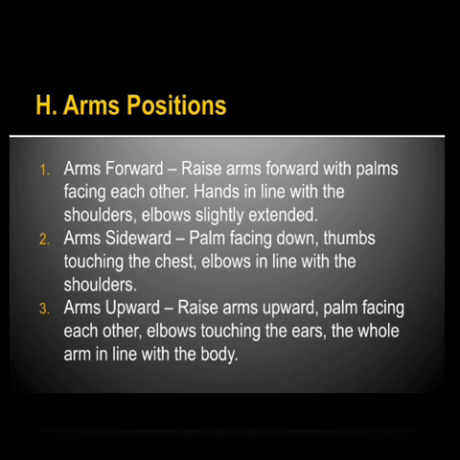Palms facing down, elbows in line with the shoulders. Next, we have arms upward. Raise arms upward, palms facing each other, elbows touching the ears, and the whole arm in line with the body.